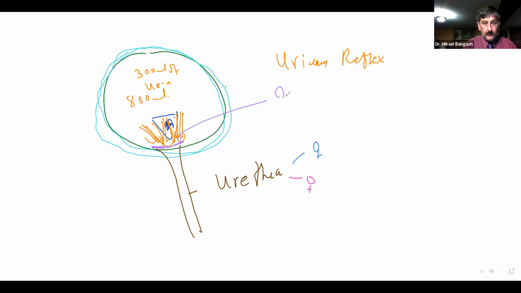One is what we'll call the internal urethral sphincter. And we can mainly say that this one here is going to be made up of smooth muscles, which we already know is going to be involuntary.